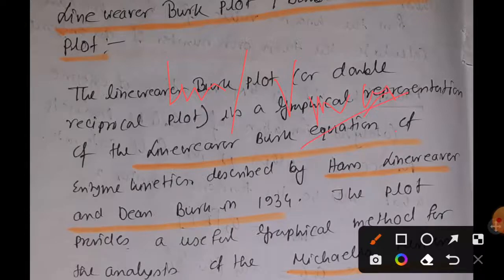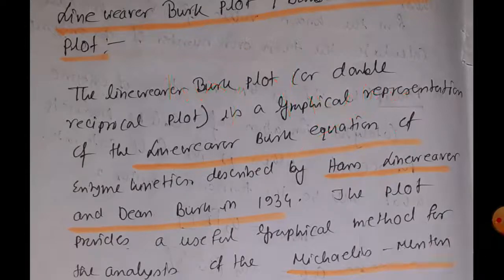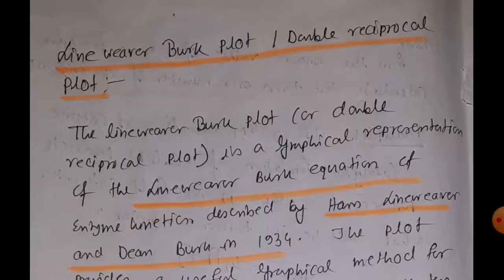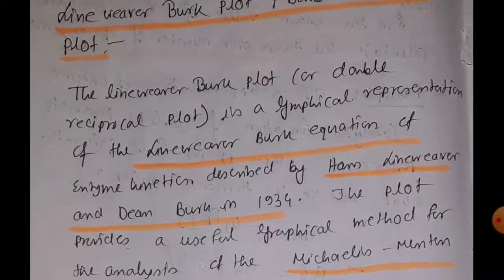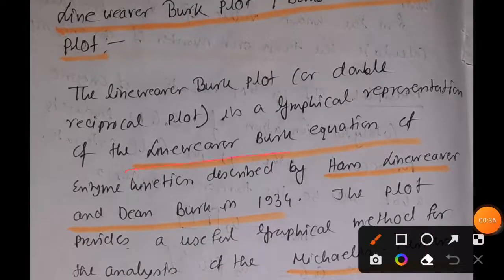So now, the Lineweaver-Burk plot is a graphical representation of the Lineweaver-Burk equation. Now what is that? Is it a new equation of enzyme kinetics or is it something else? This equation was described by Hans Lineweaver and Dean Burk in 1934.